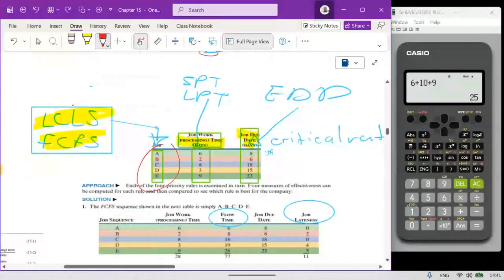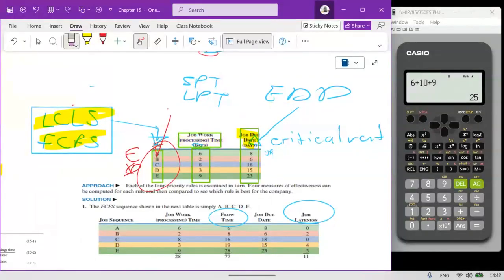You prioritize the A, B, C. This is how they came. So you start last in, last out. You start with E, D, and C, B, A. That's how you're gonna sort them out. First come, first serve, the way they are.